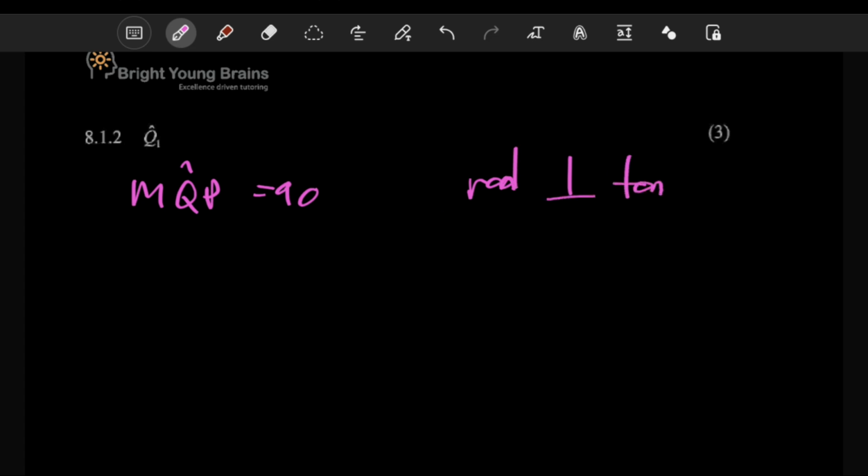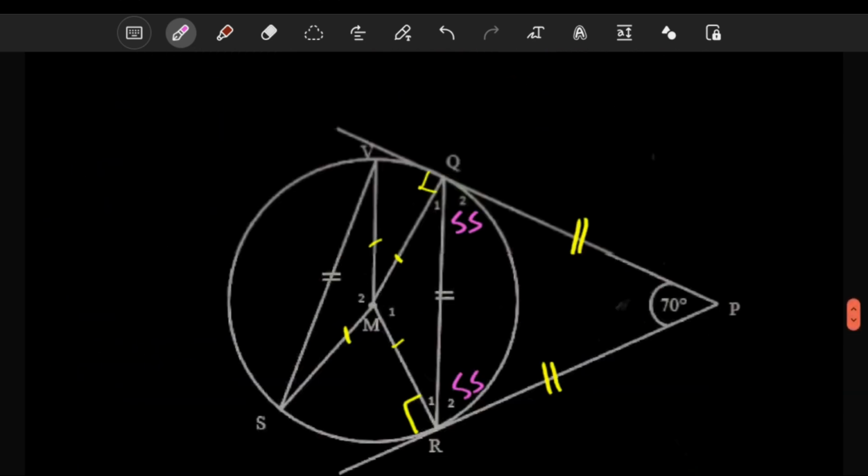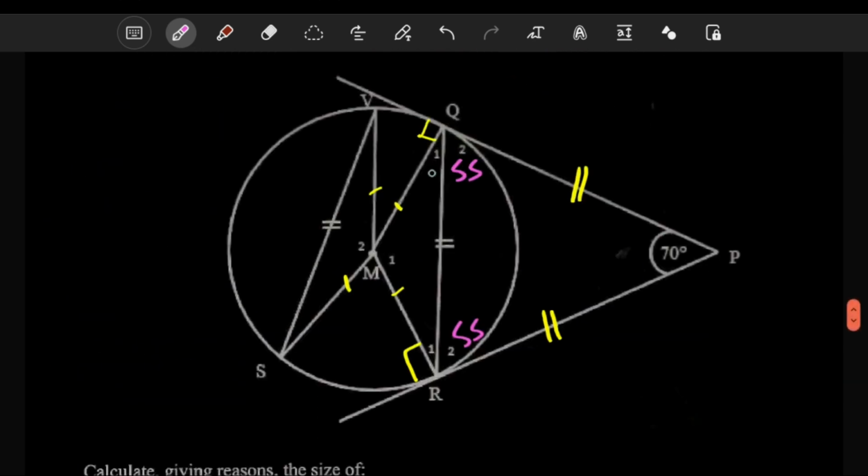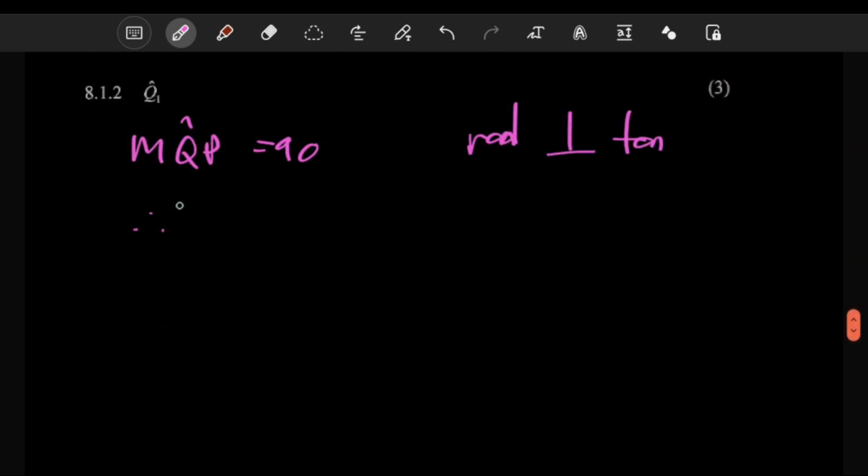And then we can say, therefore, Q1 is equal to 90 minus 55 degrees. These kinds of questions, remember, they'll give you a mark for the statement and the reason for the very first thing, and then you just write out the rest. That's why Euclidean geometry is actually not so bad, because you get so many marks for writing so little. Here, you get a mark for your statement, your reason, and then your conclusion.